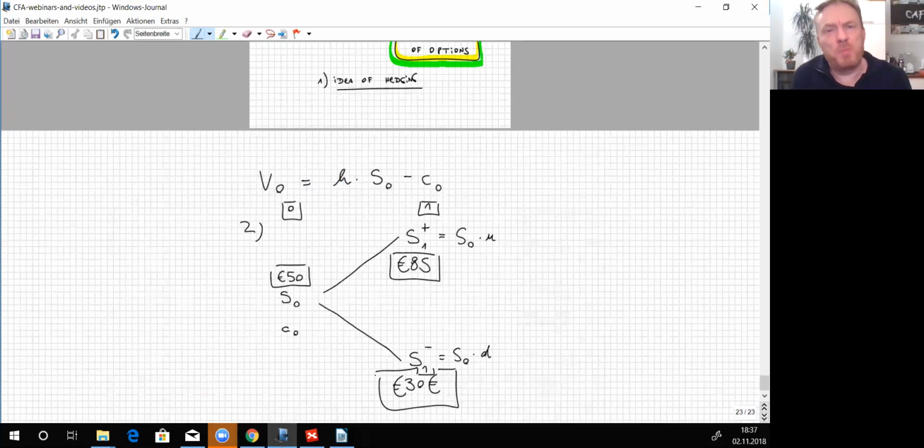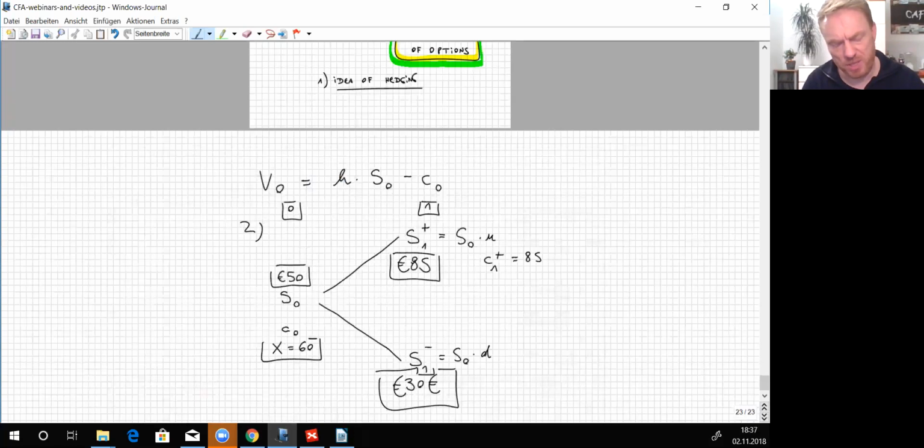Because a call option means you have the right, not the obligation, to buy a certain underlying at a price agreed upon today. That means C1 plus equals 85 minus the strike price. I didn't say yet what the strike price will be, and the strike price is going to be 60.